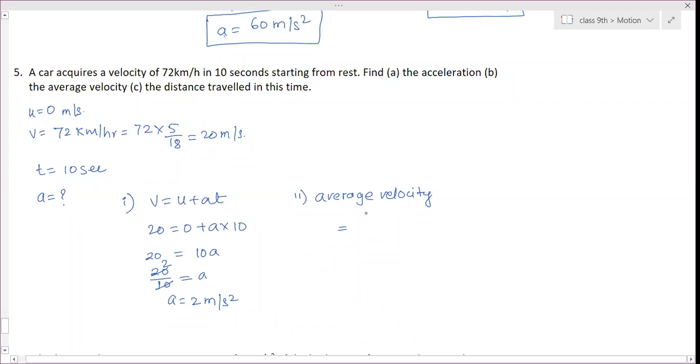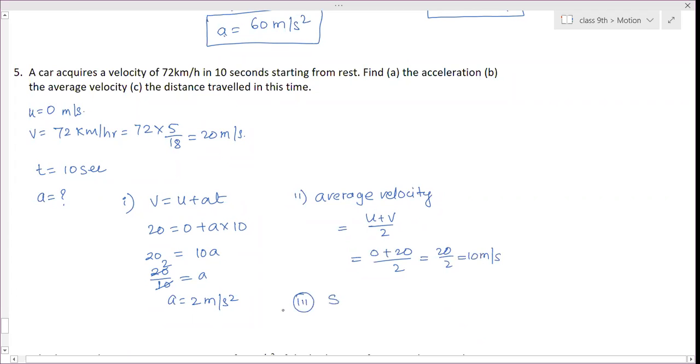Displacement we cannot calculate. Here one formula I told you while we were solving equations of motion. This question is done 2-3 times till now. Yes, Tejasvi? u plus v by 2. u is 0, v is 20, by 2. That is 20 by 2 equal to 10 meter per second.